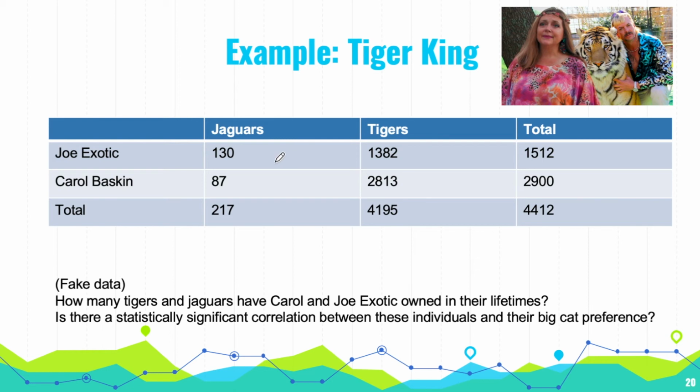You would say 130 plus 1382 is 1512. You would again add across the row for this cell, add down each column to generate totals here at the bottom, and then you can triple check your total n by adding up the two values in the total column, or adding up the values in the total row, or even just adding together these four original data points.